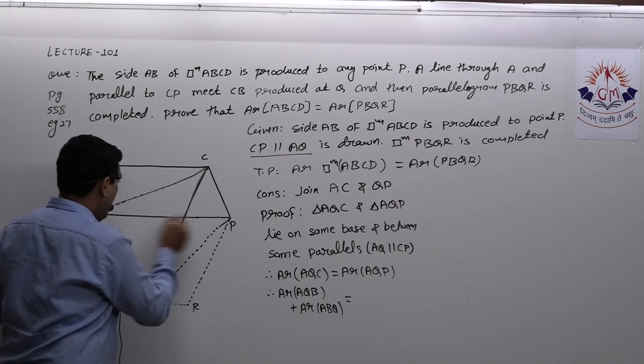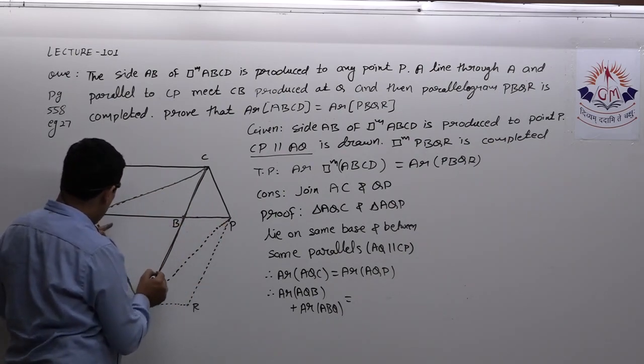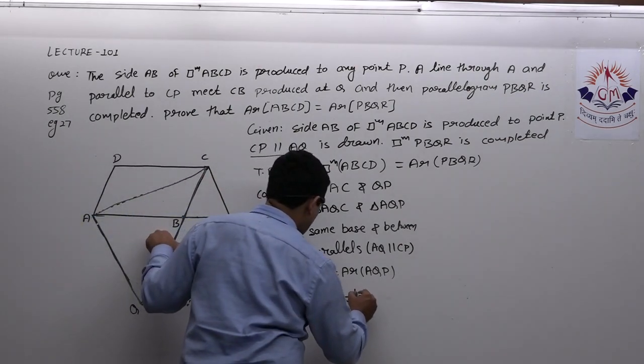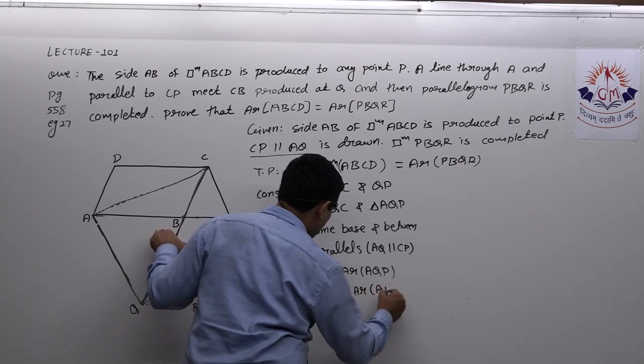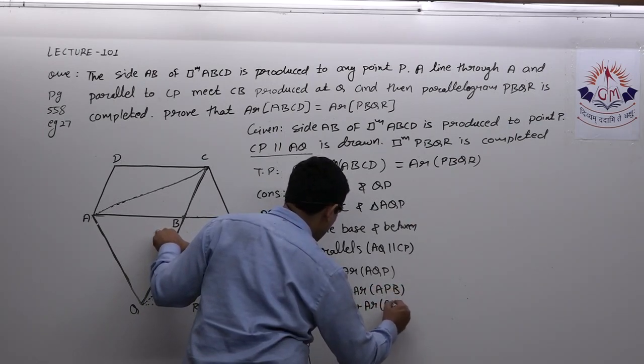Similarly, this AQP I write as area APB plus area AQB or ABQ.